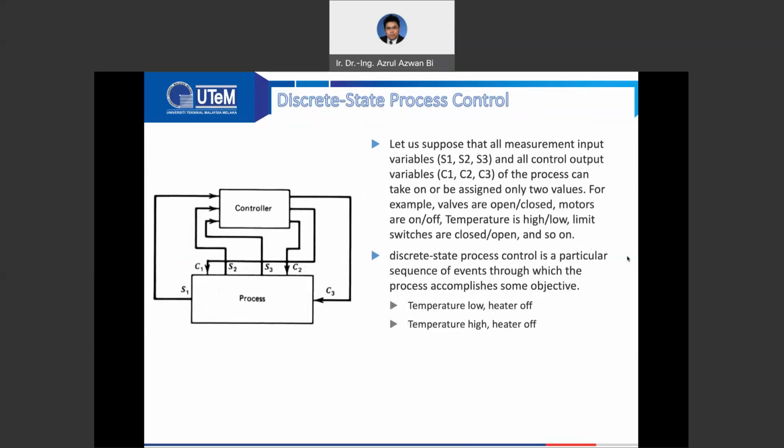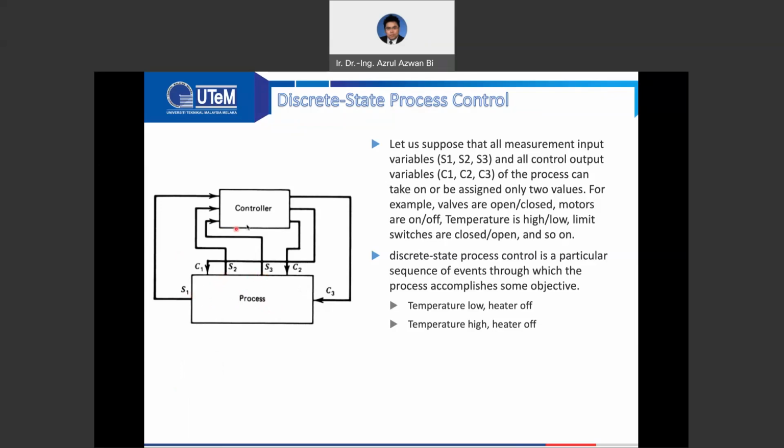Let's take a look at a simplification of discrete state process control. Let us suppose that all measurements, the input variables, we can take a look at this process. So this process is measured by input variables S1, S2, S3.